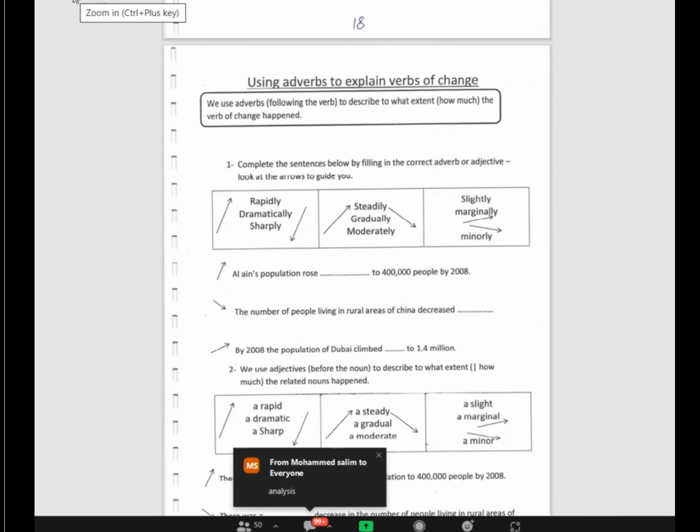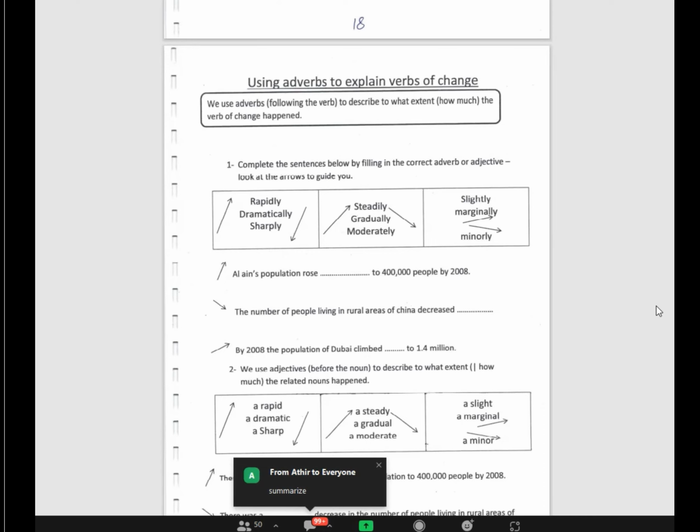And in the conclusion, we summarize the overview sentence, or we paraphrase it. Great.